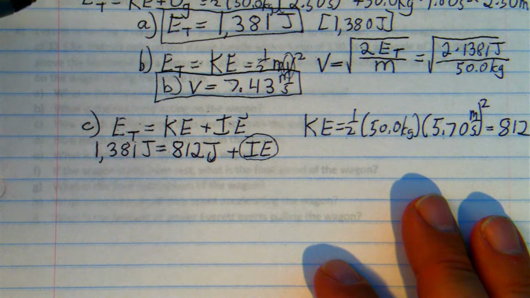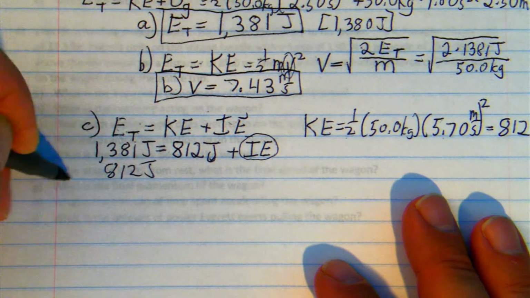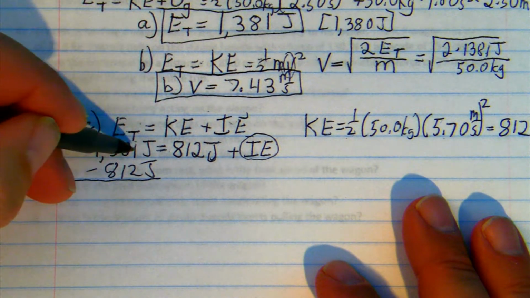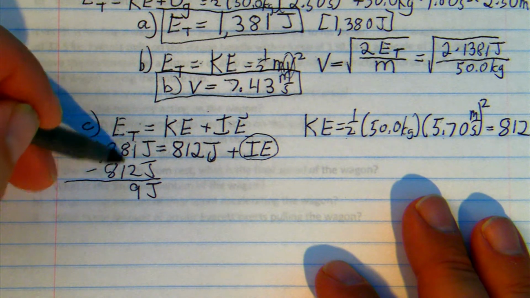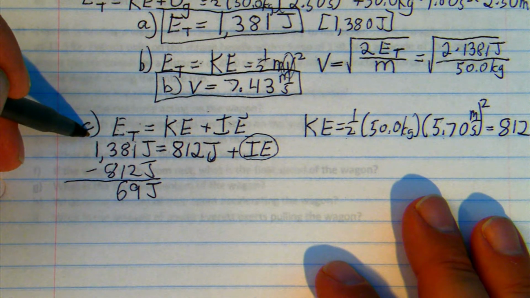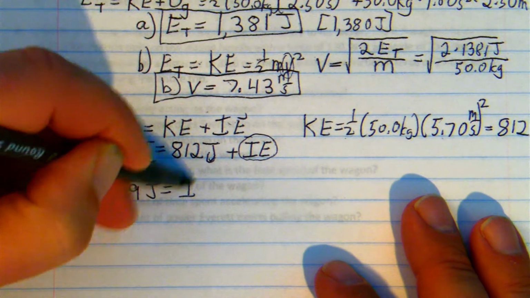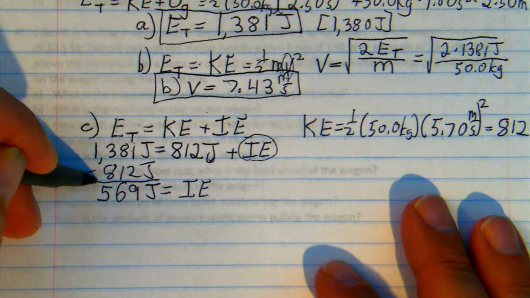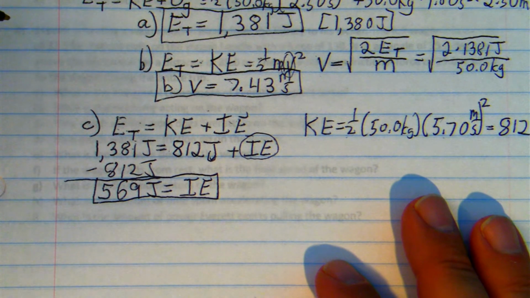You should recognize this as a Math 1 level problem, where if we subtract 812 joules from both sides of the equation, we'll have the answer to part C. I get 569 joules. Getting so old, I'm going to confirm that with a calculator. Oh boy, I did it correctly.